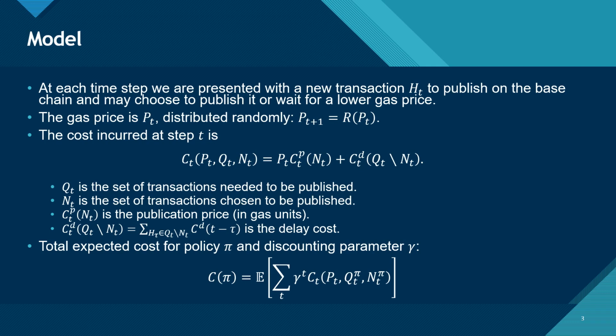The total expected cost is the discounted total of all the costs we incurred during all time steps. Our goal in finding the optimal policy is to find a policy that minimizes this cost, or at least identify what this policy should look like.